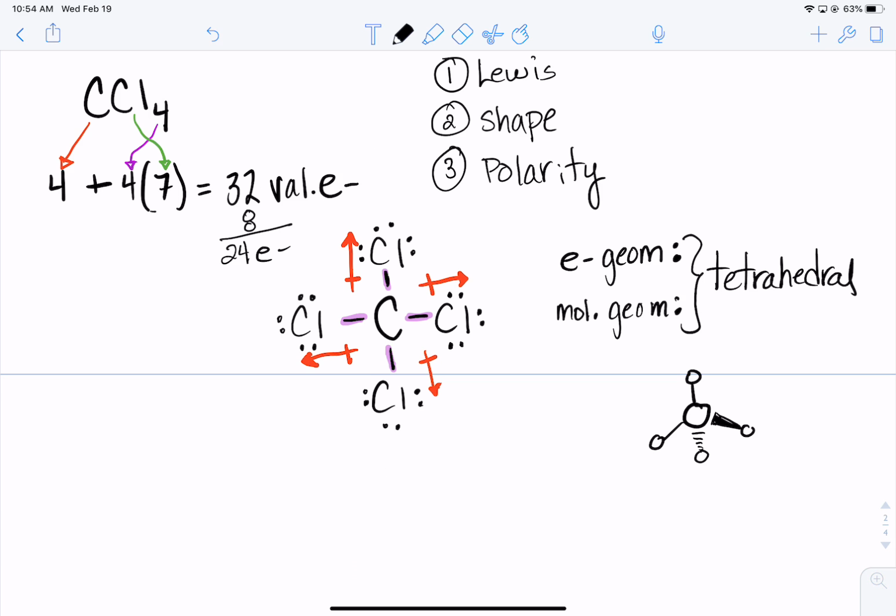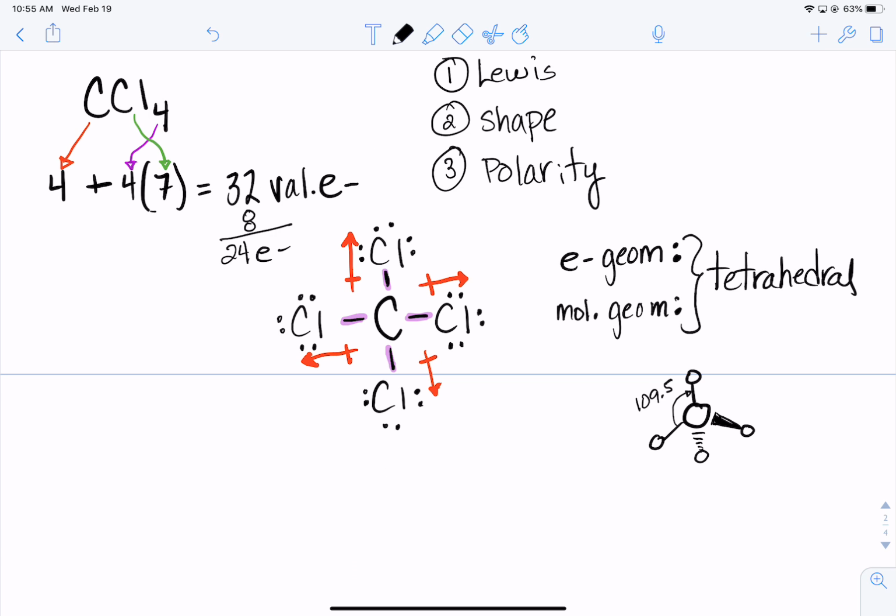And I've got the model right here. If you recall, all of the angles are 109.5. That's because all 4 of those chlorines are repelling each other, and they want to get as far away from each other as possible, and that's exactly at 109.5. So here's the 3-dimensional model right here.